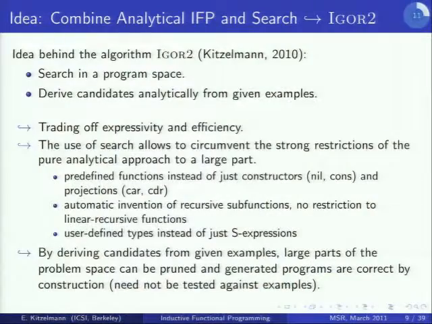Okay, so there are many restrictions one can say to have this work, and the idea now for the algorithm that I developed, the IGOR2 algorithm, is to somehow combine both approaches: a search in a program space with this analytical approach, in order to have some trade-off of the expressivity of the generate-and-test or search-based approach and the efficiency of the analytic approach.